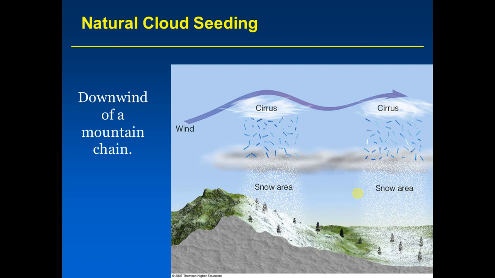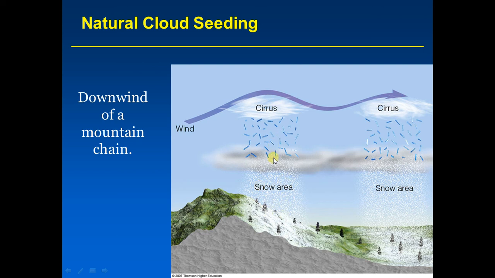For example, when cirrus, cirrocumulus or cirrostratus clouds form downwind of a mountain and lie directly above a lower cloud deck, maybe nimbostratus, that's formed as a result of the waves we were talking about, forming waves and clouds downwind of a mountain chain, the ice crystals may descend from the higher cloud and seed the cloud below, and then that can help form precipitation.